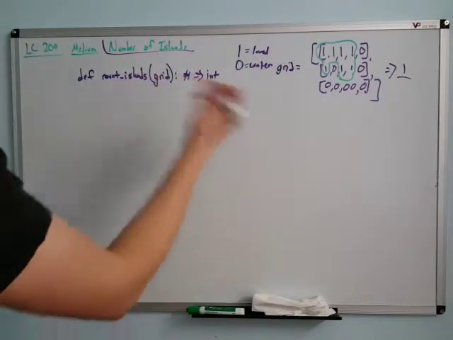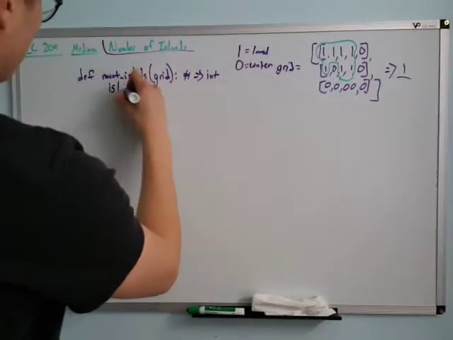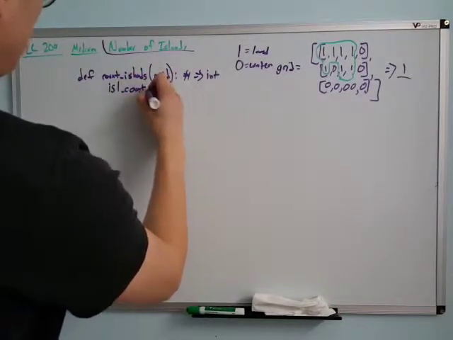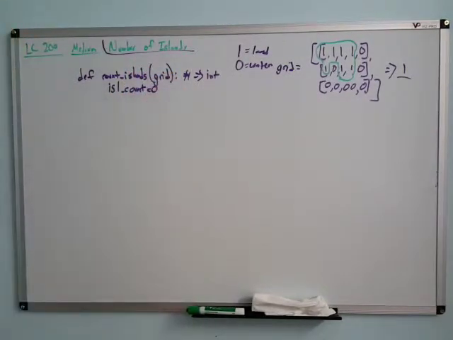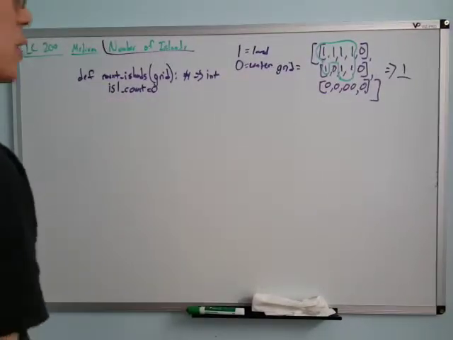We need to store a count somewhere, so we can do island count, and we initialize that to 0. Do we initialize anything else? In an in-place solution, like I said, we're modifying the grid, so we don't have to store anything else.